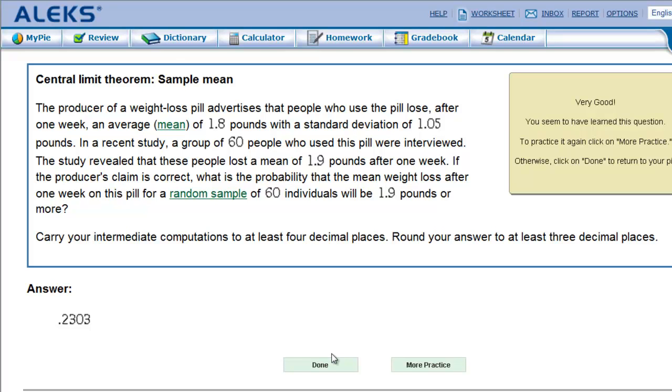When it's not, you definitely need 30 or more in your sample. But when you know it's something that's normally distributed or approximately normally distributed, you can get in on this no matter what the sample size is. You're allowed to use the central limit theorem.